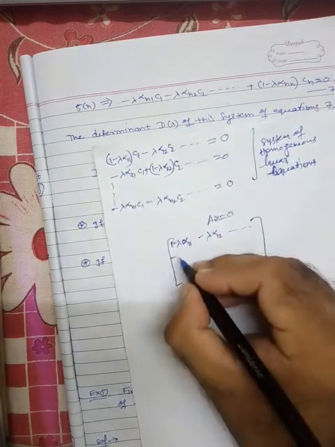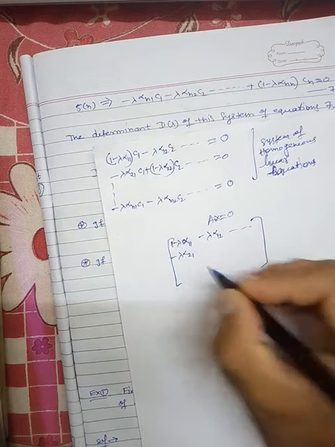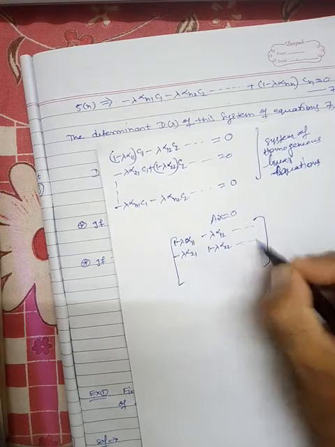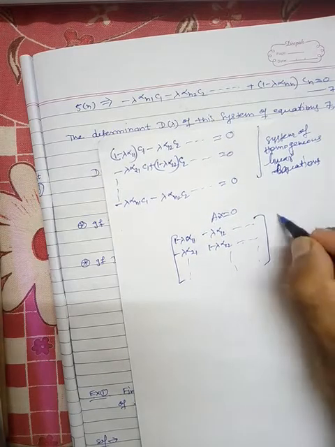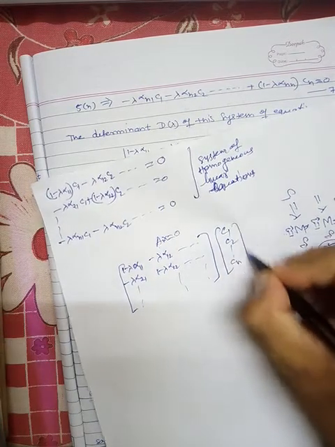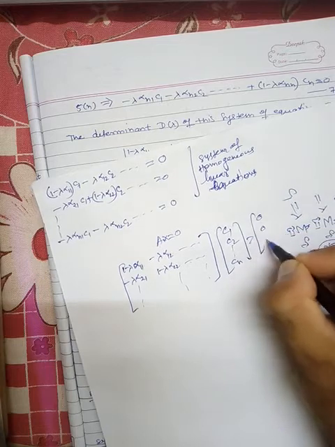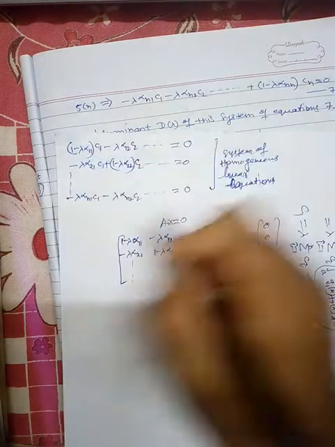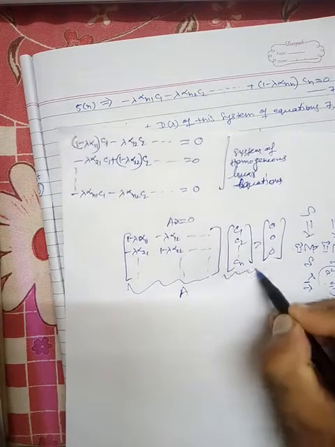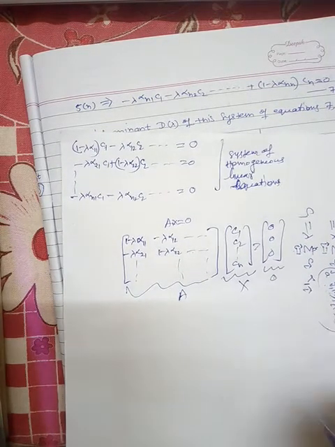The second row will be from here: minus lambda alpha 2 1, then 1 minus lambda alpha 2 2 and so on. Hence this matrix multiplied by C1, C2, Cn is equal to 0, 0, 0. This system in matrix form is this. This is your A, this is your X, this is your 0.